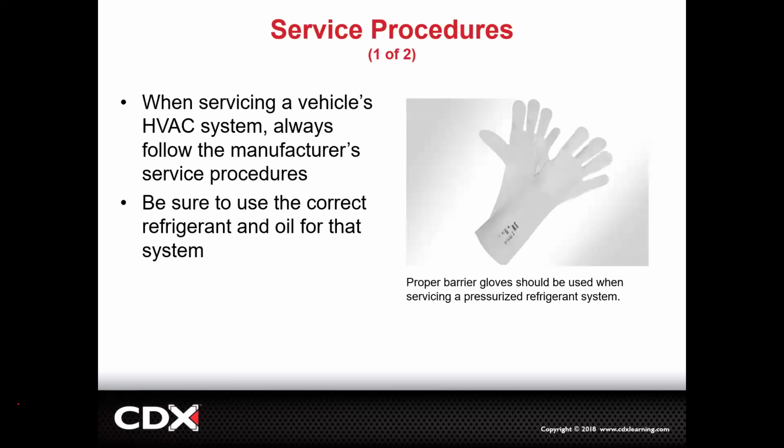Cool. And then remember, we're talking about gloves. So this is going to be a new word for you, barrier gloves. What a barrier glove is, the latex and nitrile may work okay, but it needs to be a barrier glove, which is going to be like a chemical barrier, a fluid barrier. If you have mechanics gloves, they call them mechanics gloves, and I always think, I don't know, why are they mechanics gloves?